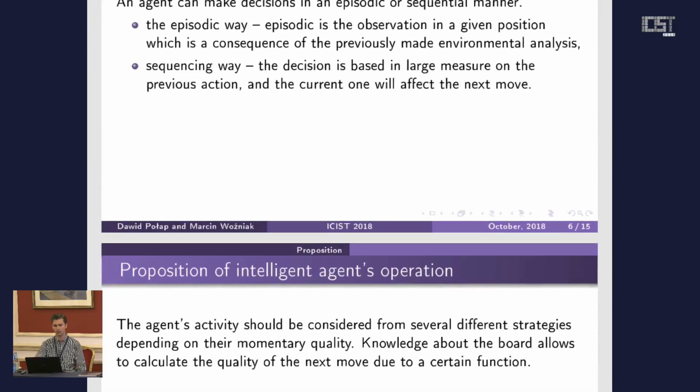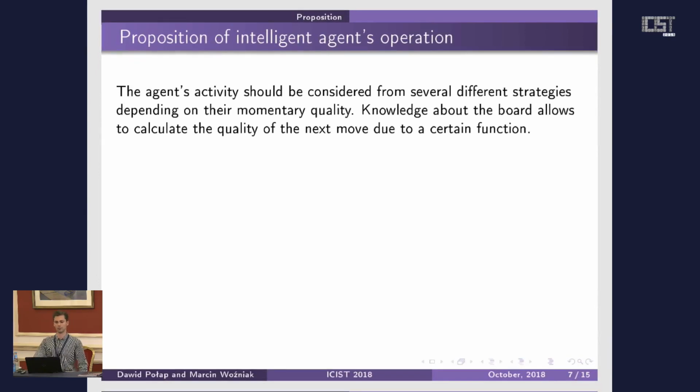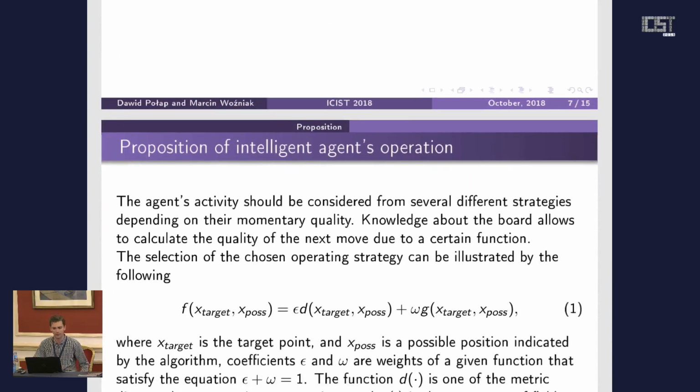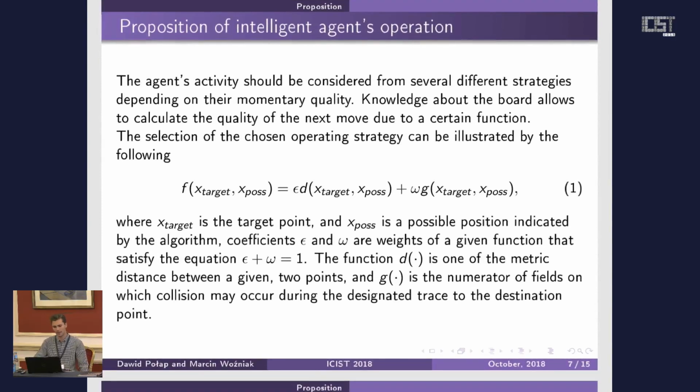Okay, so our proposition of the intelligent agent's operation. Our agent will have some strategies, and he will choose one of them using a function. We call this the measurement function, and it's described in equation 1. As we can see in this equation, we have two functions, d and g. D is understood as a metric, which is the distance from the actual position to the position of the player.